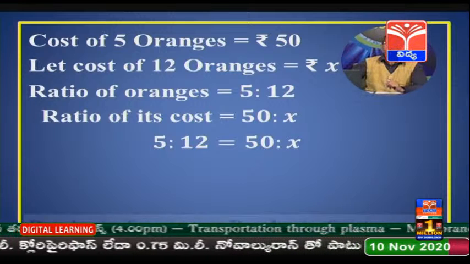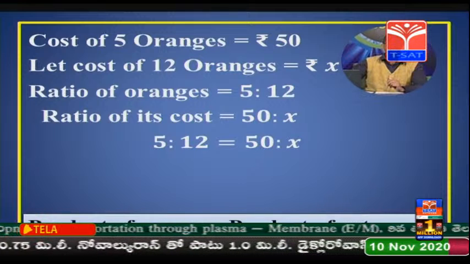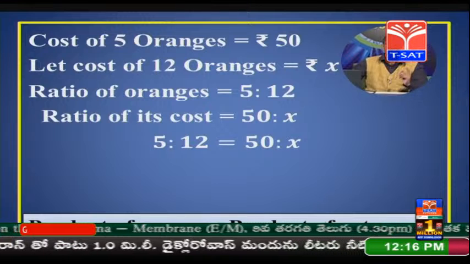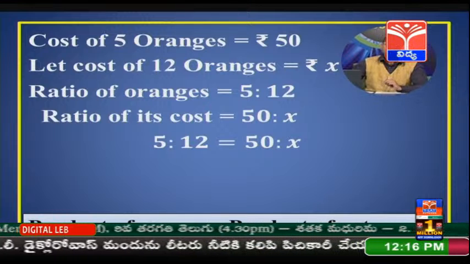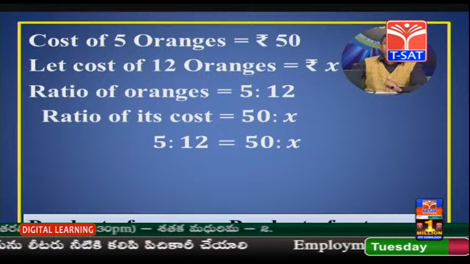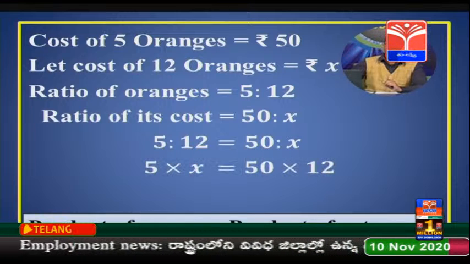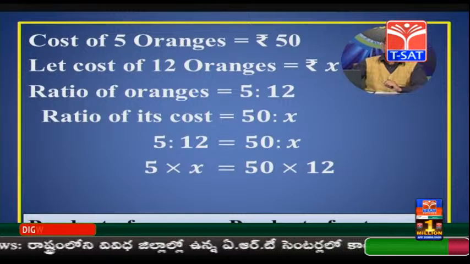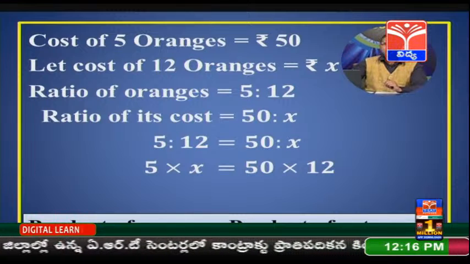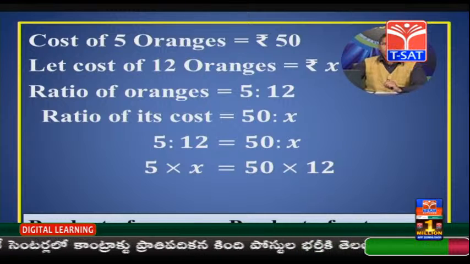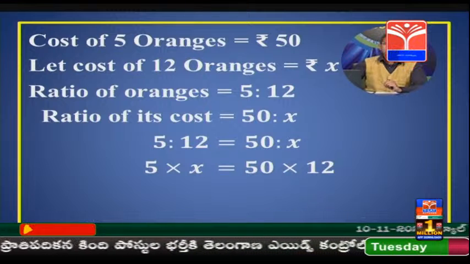Then, what do you write, children? Since they are in proportion, product of means is equal to the product of extremes. So, here what are the means and extremes? 5 and x are extremes and 12 and 50 are means. So, 5 into x equal to 50 into 12. Now, what is the value of x, children?